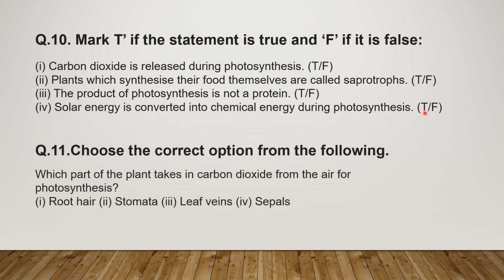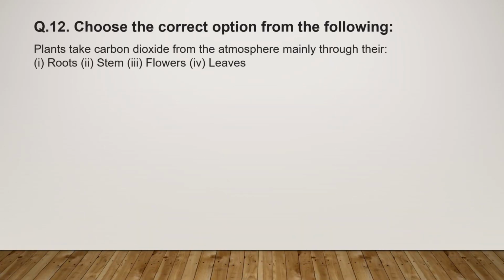Choose the correct option from the following. Which part of the plant takes in carbon dioxide from the air for photosynthesis? We know that the exchange of gases takes place through stomata. So the answer is stomata. Question number 12.